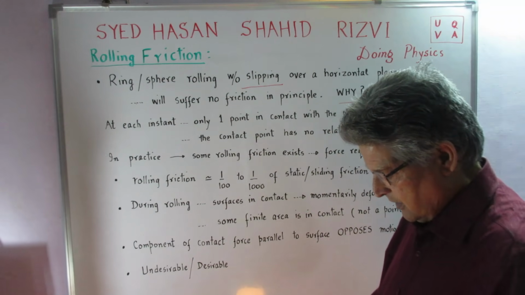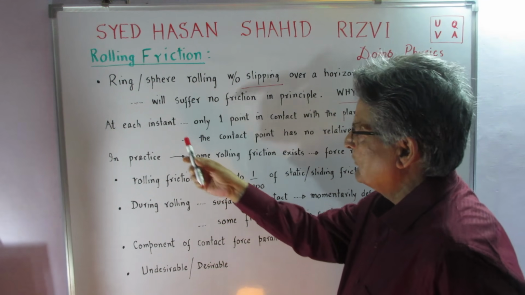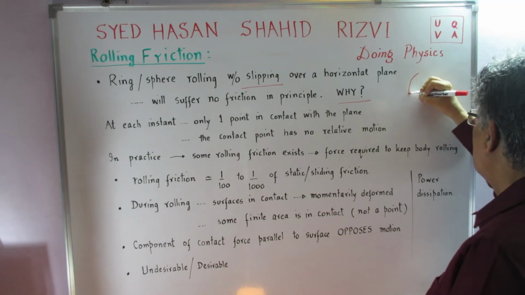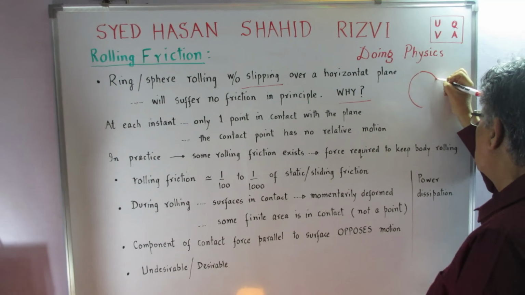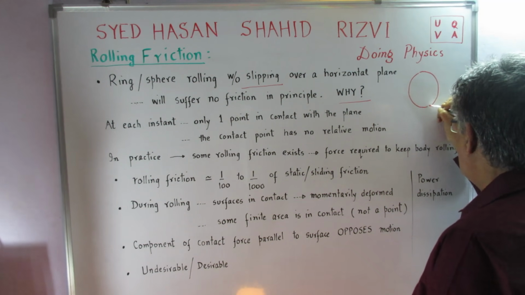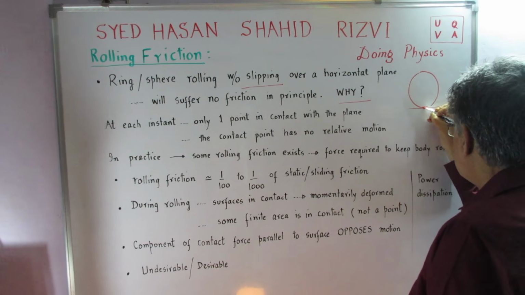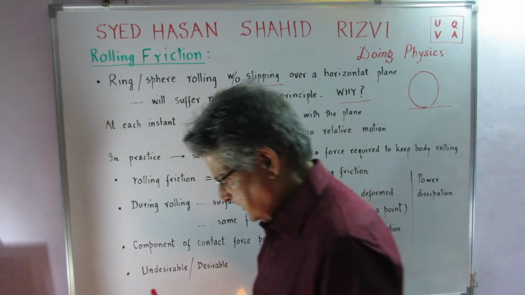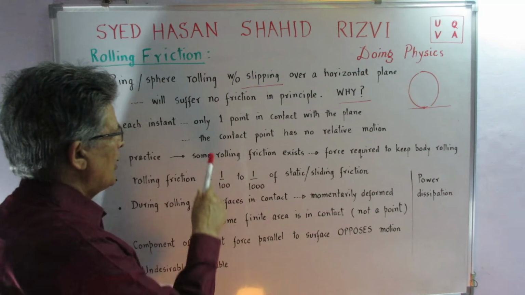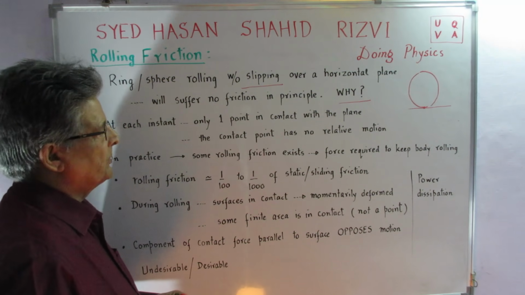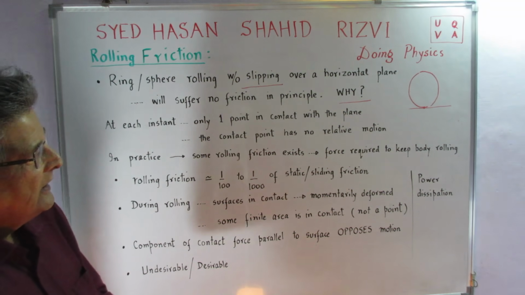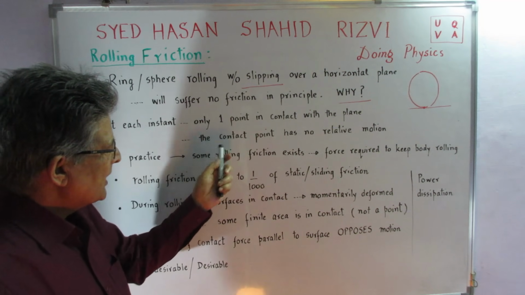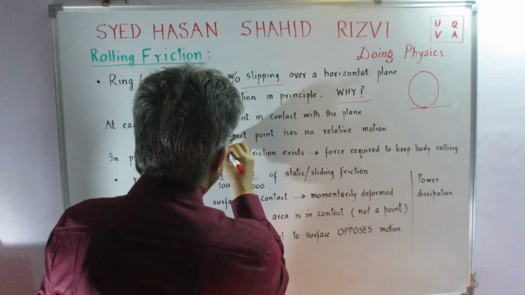It is because at each and every instant of time, if I have this ring or a ball rolling, you can see that there is a single point at each instant of time, one point, in contact with the plane, and the plane and the contact point have no relative motion.